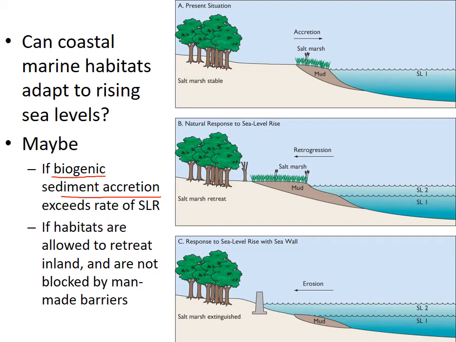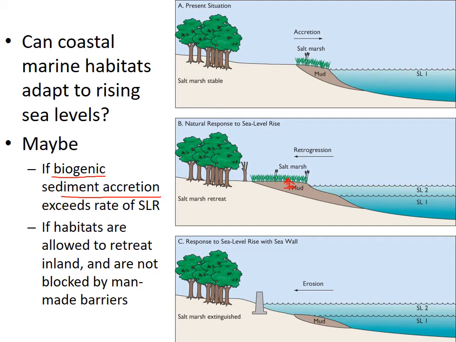Another type of habitat that accretes would be a salt marsh. Salt marsh grasses trap sediments, and sediments layer on top of each other, and this can elevate the surface of the marsh and help keep the marsh in place as the sea level is rising, as long as it's not exceeding the rate of sediment accretion.